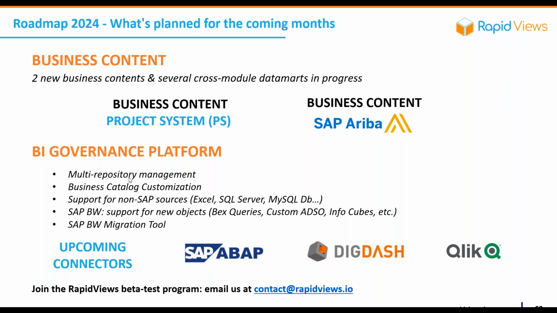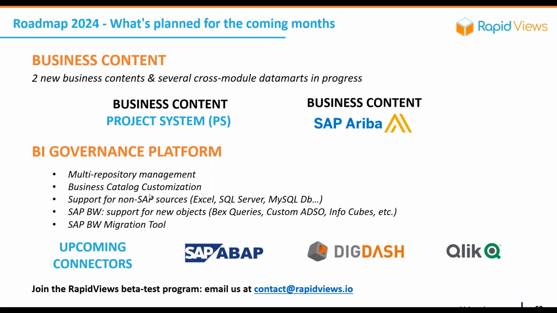So behind that, we are going to work on what we call the business catalog customization. As you saw during our presentation, when we access the business catalog, we see the bricks of SAP, but customers want to be able to see their own organization, division, and any kind of organization. So we are working on a way to customize that.